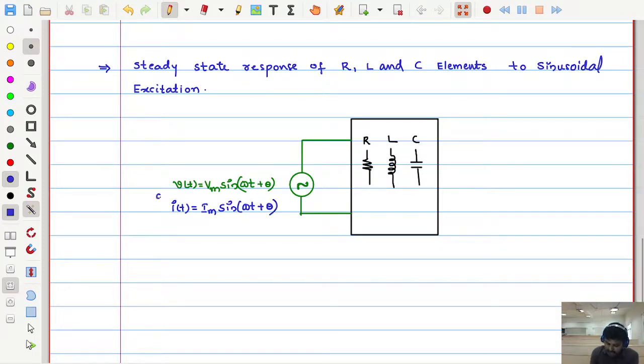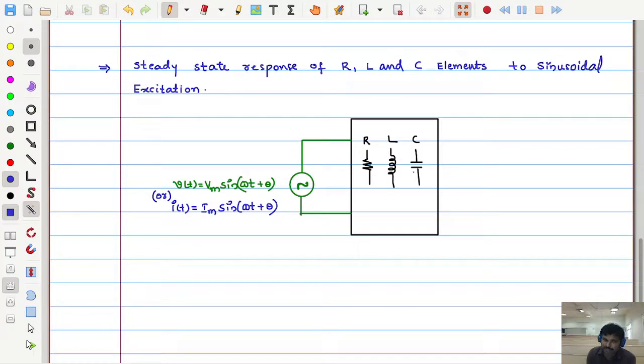So either of these kinds of sources are connected to a network which consists of resistor, inductor and capacitor. In order to understand the combined response when the circuit consists of all these passive elements, we should first understand the basic property of the resistor when it is excited with a sinusoidal. What is the property of the inductor when it is excited with a sinusoidal?